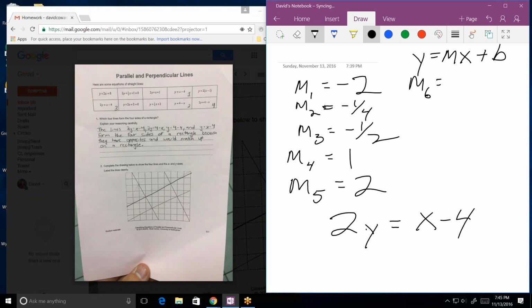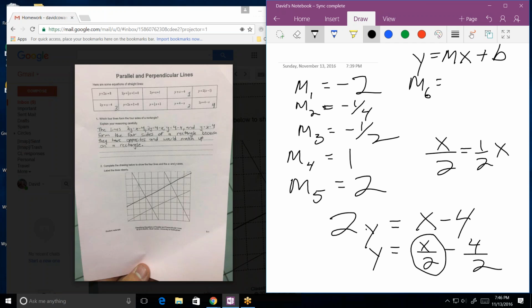Divide by 2. Okay, so y equals x over 2 minus 4 over 2. What's the coefficient of x? 1/2. X over 2 is exactly the same as 1/2 x, notice. So when you see x over 2, that's 1/2 x, 1/2 is the coefficient. So the slope on the sixth one is 1/2.